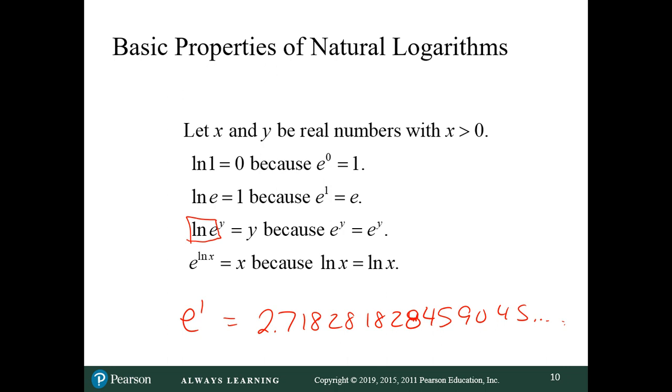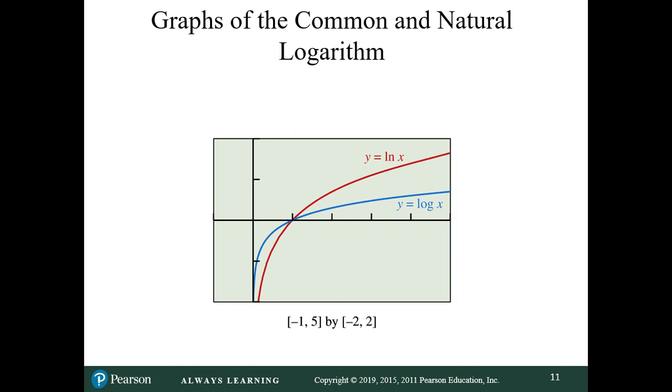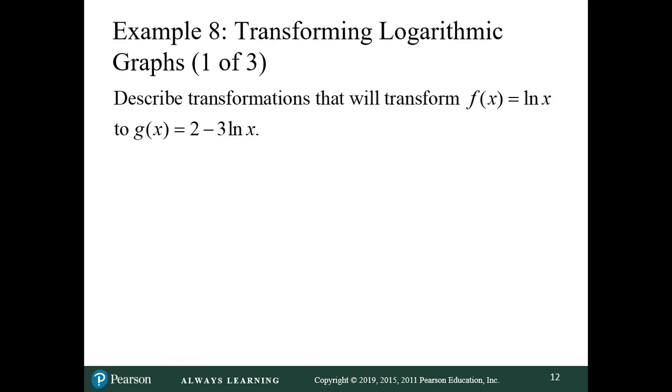The natural log of e to the y is just y. e to the natural log of x is just x. So if you take the ln of e to the 1, it's just 1. The ln of 1 is 0 because e to the 0 equals 1. So the natural log goes like that. I don't know why you have that graph given to you because I don't really worry about that too much.